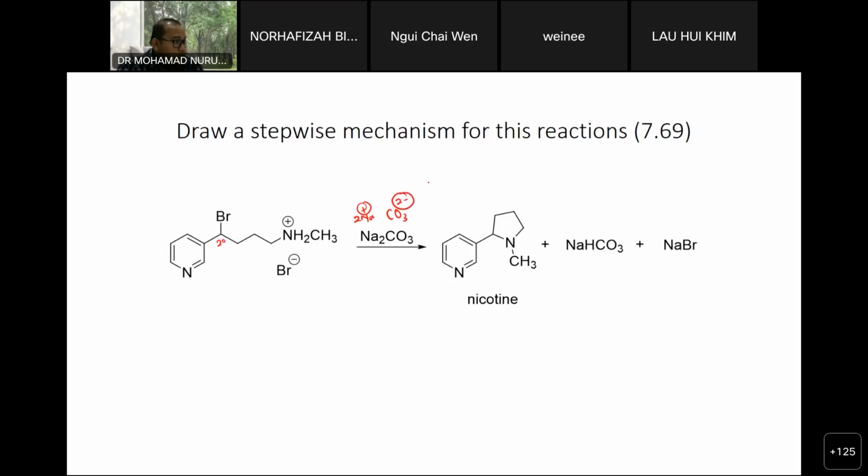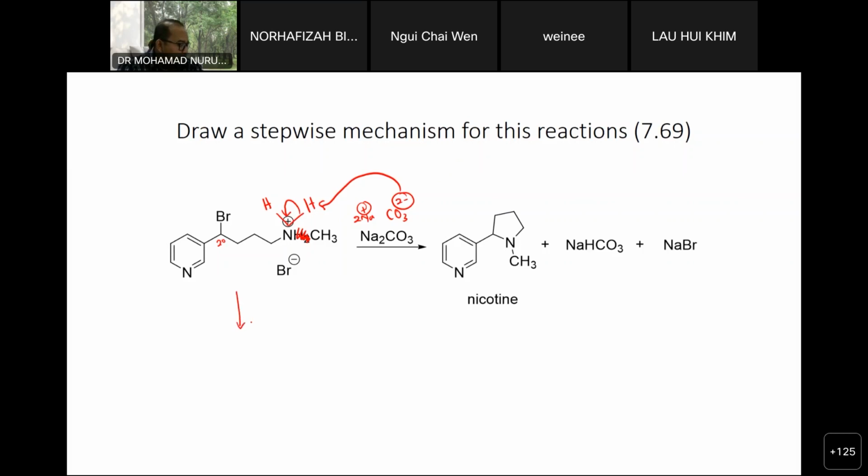If we break up this structure, this nucleophile will attack and extract the proton here, extract only the proton, and give back the pair of electrons to the nitrogen. This is what happened.